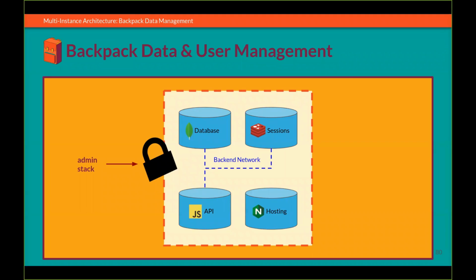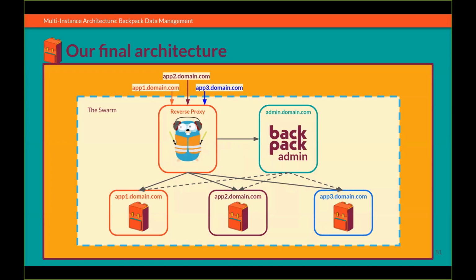So what we had to do is create some other way for the admin panel to communicate with the Express API, to build the user management functionality into the Express API and only expose it to the admin panel. To do that, we ended up with this architecture where the admin panel is joined to one more overlay network, and that overlay network connects it to each of the Express APIs running on each backpack.